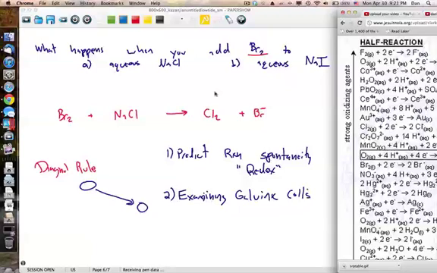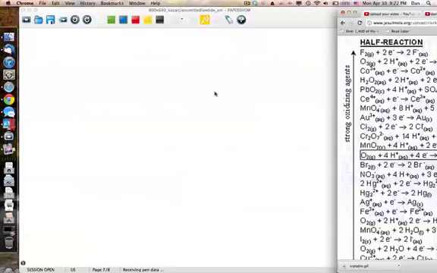The other one deals with examining galvanic cells. Galvanic cells are precursors to batteries. Each galvanic cell is composed of half cells, which are analogous to our half reactions.